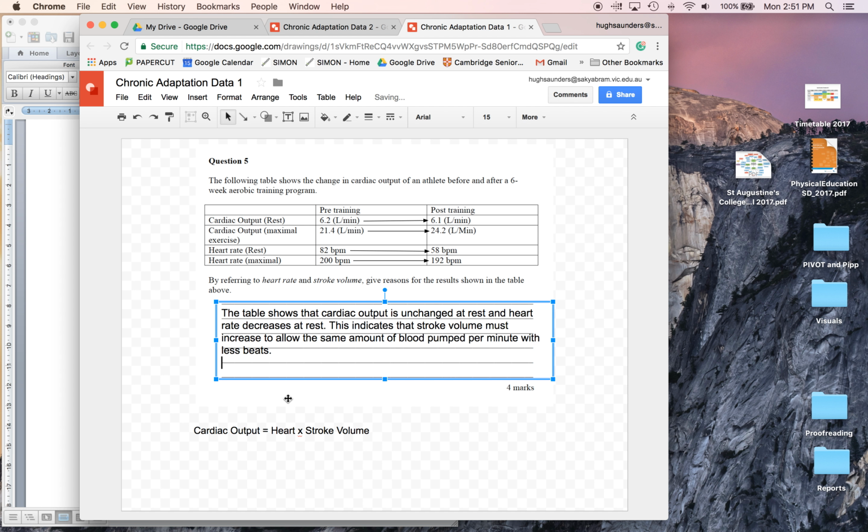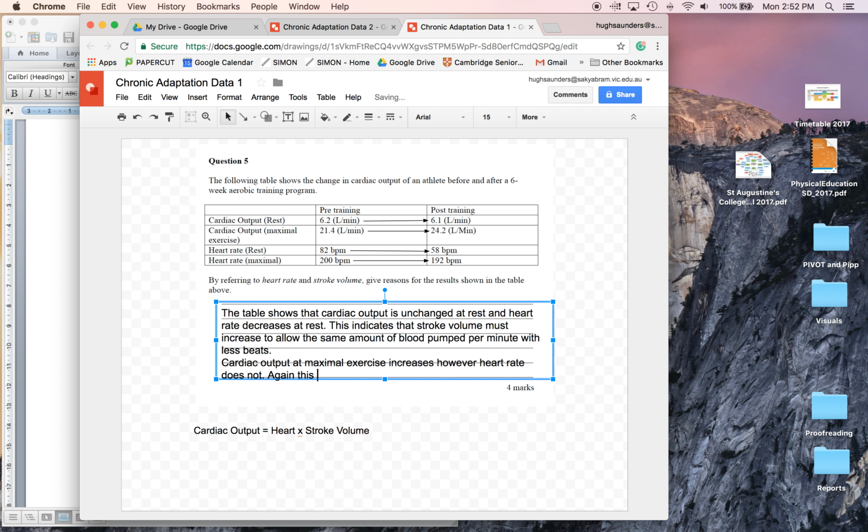The second part of this is that cardiac output at maximal exercise, sorry this isn't quite on the lines, but cardiac output at maximal exercise increases, however heart rate does not.